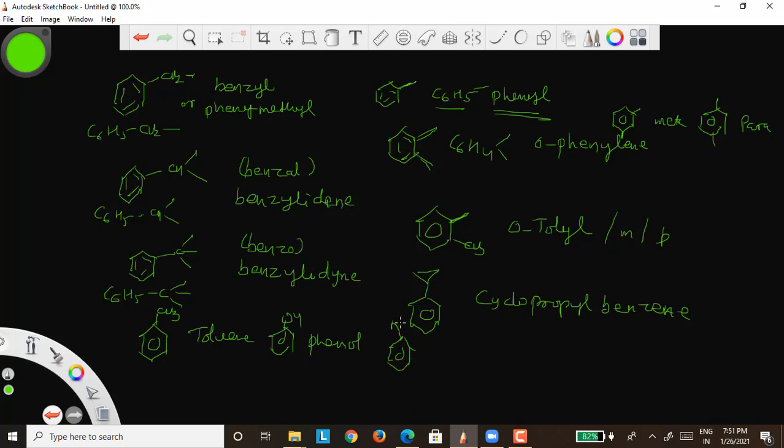So this is known as aniline, and this is known as benzoic acid. Suppose you take COOH, then benzoic acid, and SO3H is known as benzene sulfonic acid.